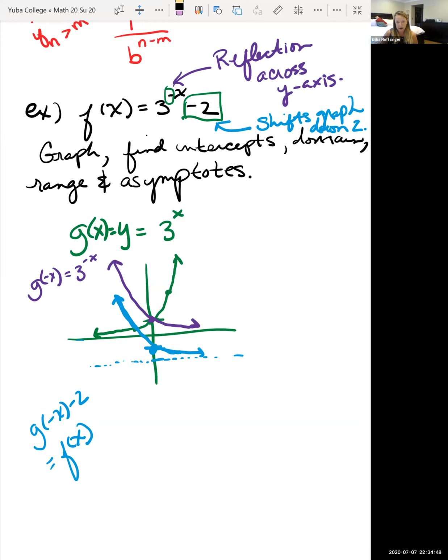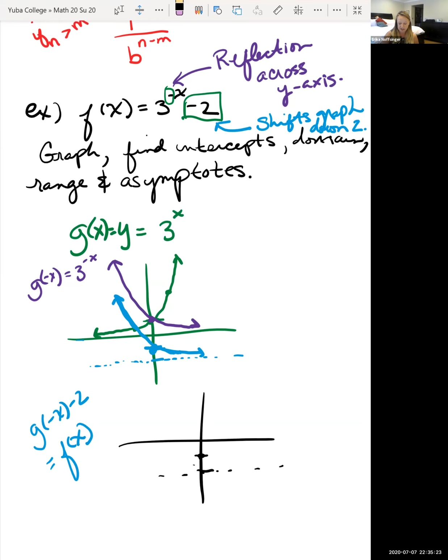Okay, so we got our graph, which we have the general shape. What if we wanted to figure out what the y, I'm sorry, not the y-intercept, got that, what the x-intercept was? Well, we don't have that tool yet.